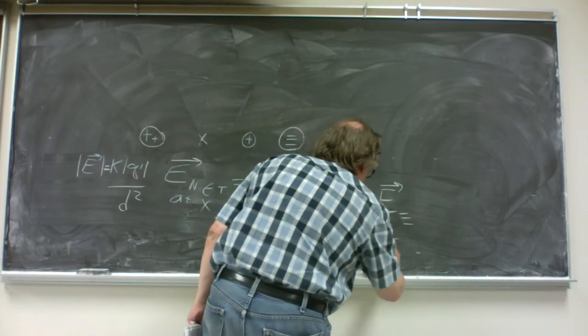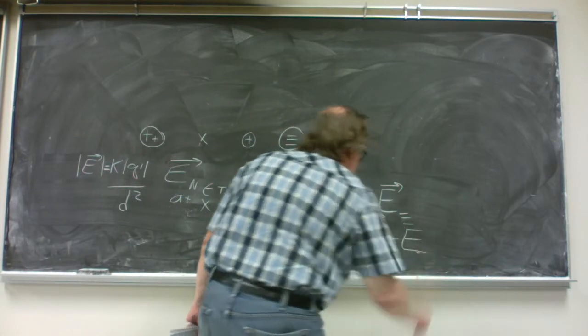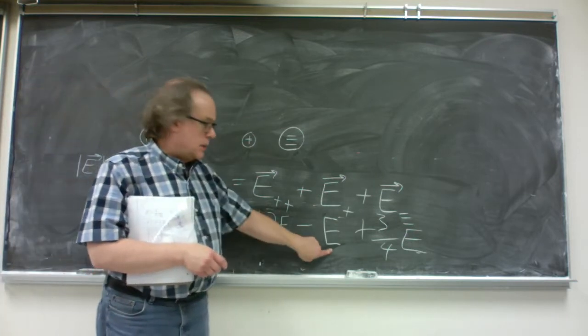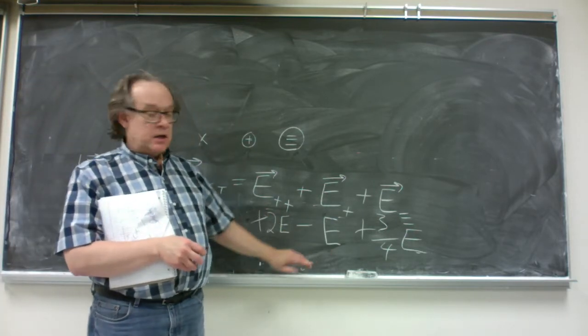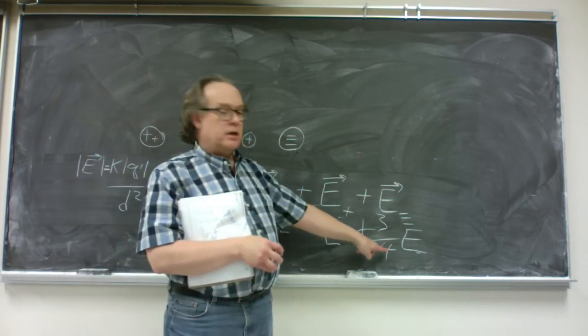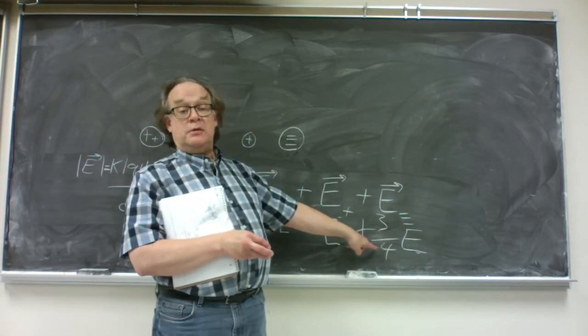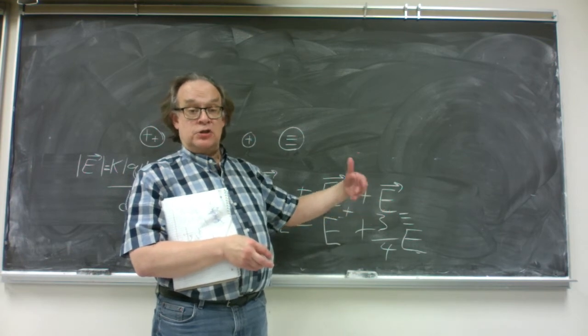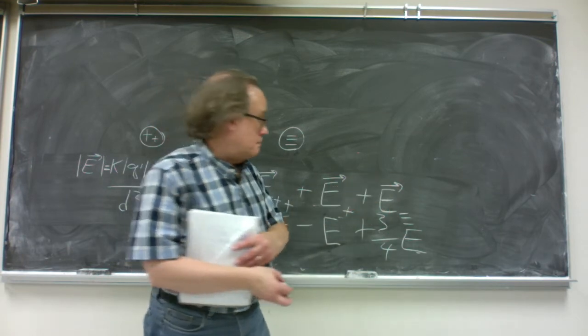So 3/4 E. And what do we get when we add them all together? 2E minus E is just plain E. So we have E plus 3/4 E, or 7/4 E, just a little bit less than 2E.